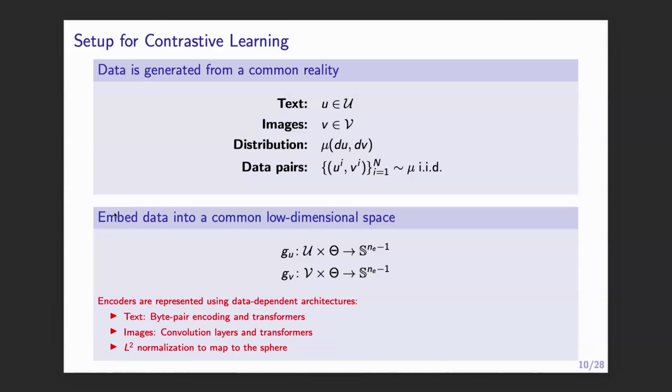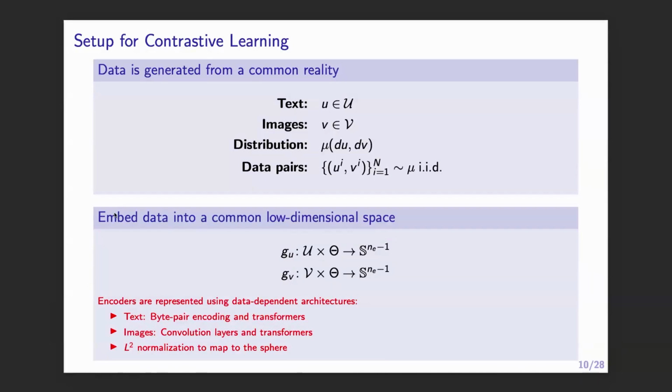And we're going to assume that we have some pairs of data samples of text and image that are paired together. So u_i and v_i, we collect some IID samples from some joint distribution of text and images. And the way that we are going to compute those similarities between text and images is by finding a way of encoding the text and the image in a space of the same dimension.